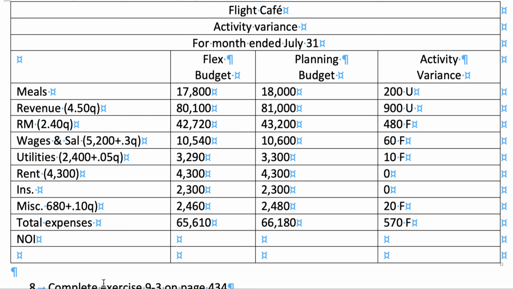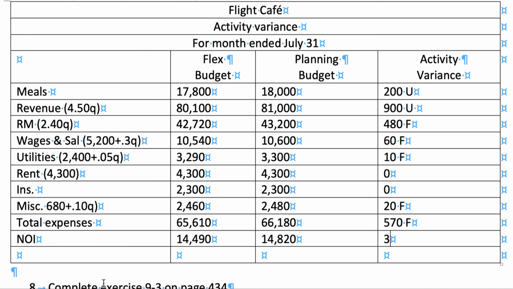Well, that's easy. Remember, to figure out net operating income, revenue minus total expenses. Based on actual output under the flex budget, my net operating income should be $14,490. Based on the planning budget, that static number of 18,000, I'm saying my net operating income should be $14,820.